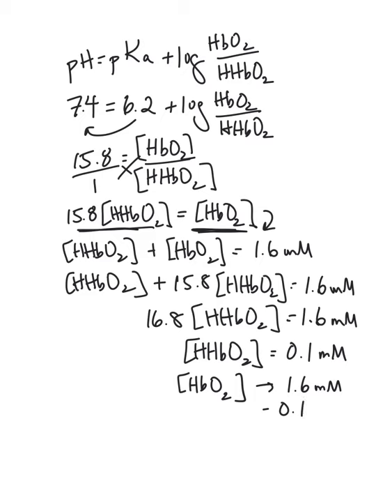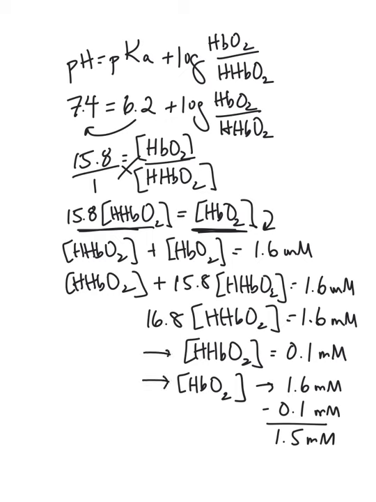You know the other version's 0.1, and so you're left with 1.5 millimolar as your answer for the deprotonated oxy. So those are the two oxy forms.